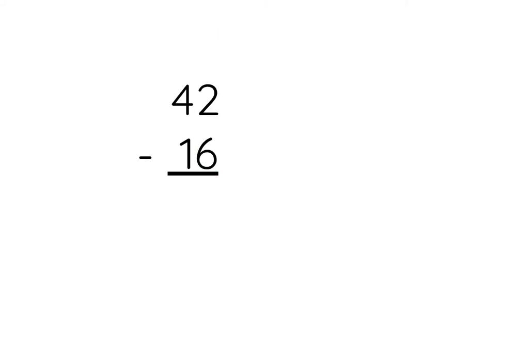42 minus 16. Notice the 4 is larger, but my 6 is larger. So if you'll remember, that means my ones column will be a negative number. Now we can just subtract our columns. So subtract your tens column. 40 subtract 10 equals 30. That's your tens column.